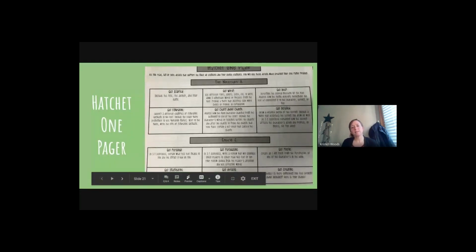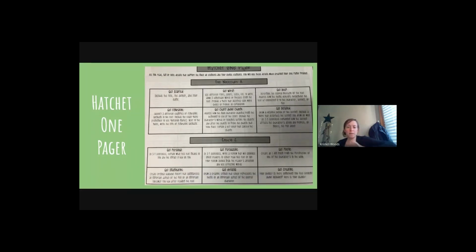So this was our Hatchet one-pager. What we did is we chose 6 big skills that we wanted to focus on. Again, we didn't want them to be overwhelmed. So we told them they all had to pick the top left box, which was the get started. In their one-pager, they had to include the title, the author, and their name.